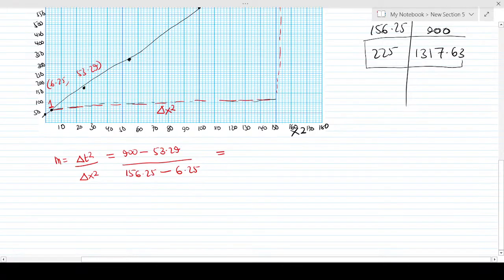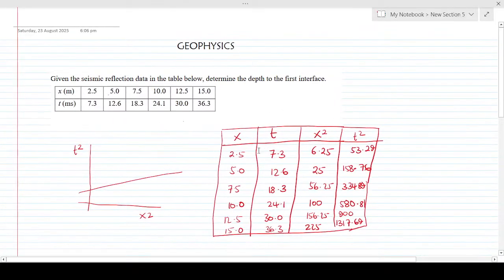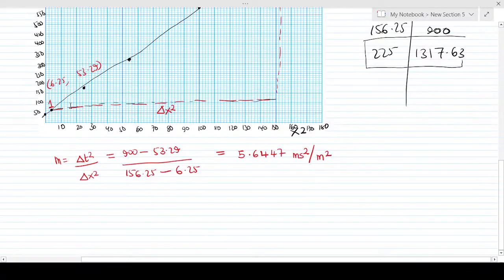So 900 minus 53.29 divided by 156.25 minus 6.25, and so I'm going to get my gradient to be 5.6447, and it is in milliseconds squared per meter squared. Now remember, in the question, the unit of time is in milliseconds. That's why this is our gradient.